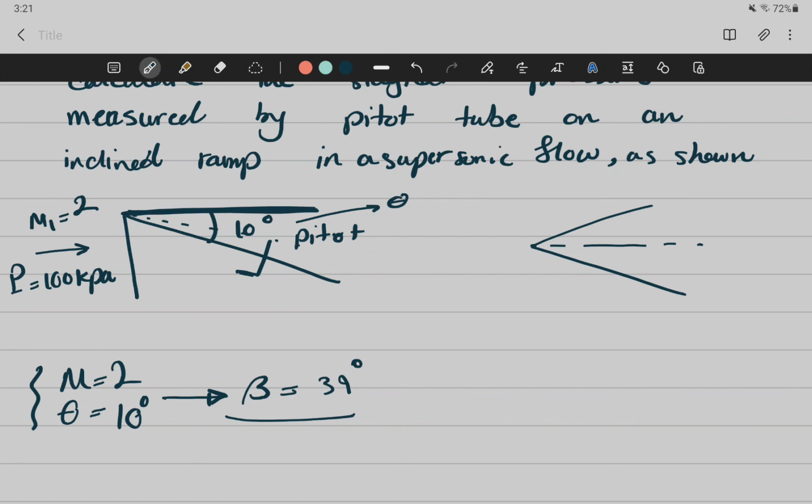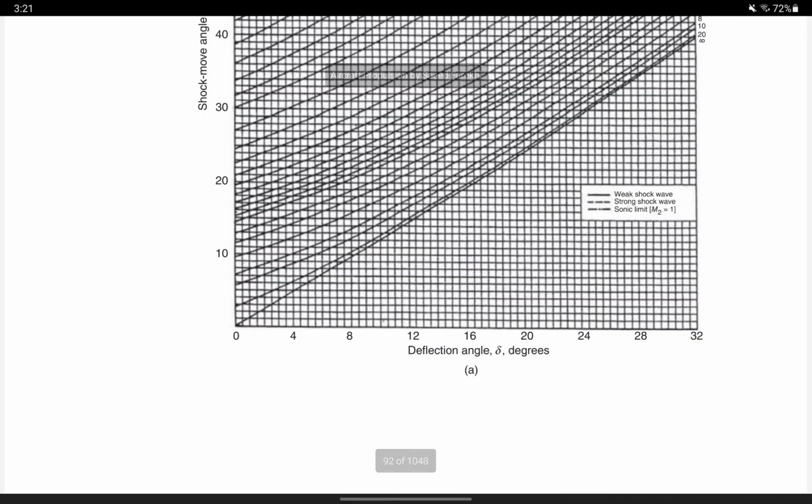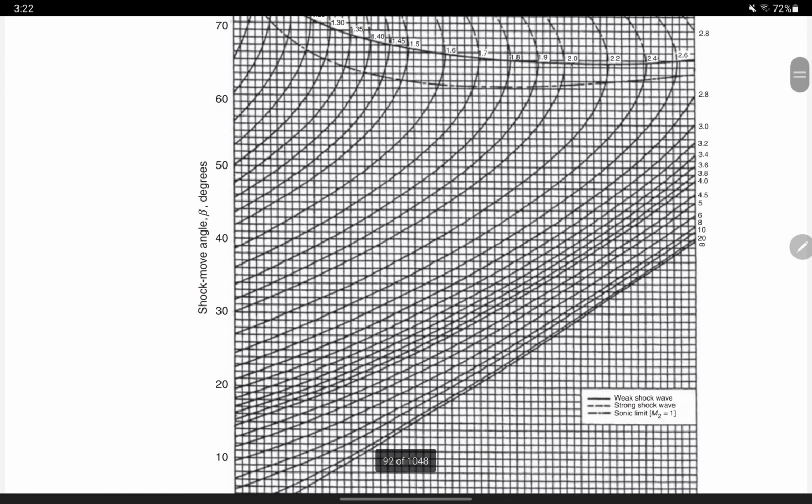Can you go back to the table and show one more time how you find the angle? Sure. So you are given the theta or delta, which is 10 degrees. So somewhere here, right? Then you want to find the line with Mach 2. This is the Mach 2 line.